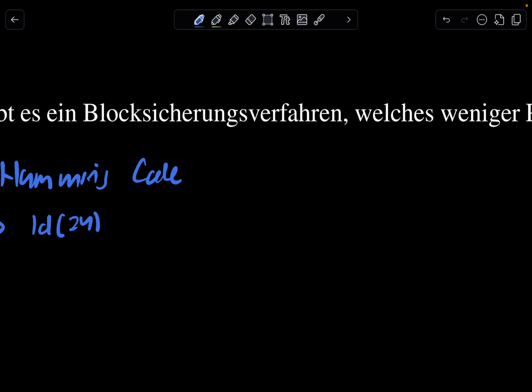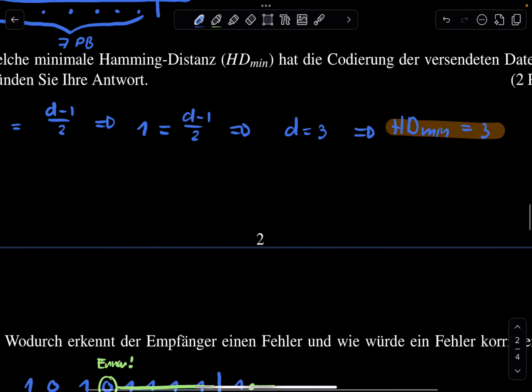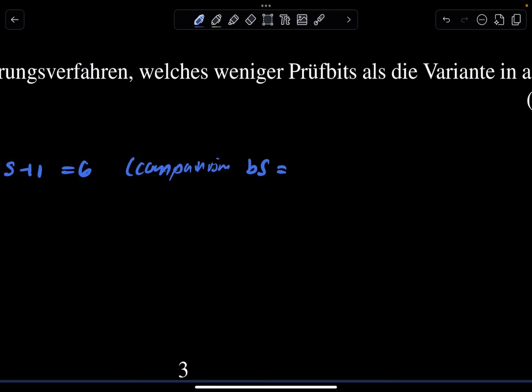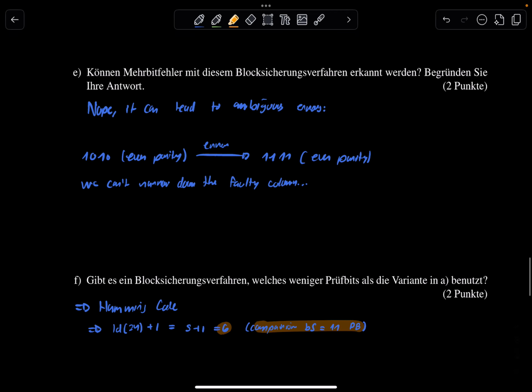So 24 plus 1, LD of that is 5, plus 1 is going to be 6, in comparison to the other one that uses, well, 11 proof bits with the Block-Sicherung, right? Yeah.